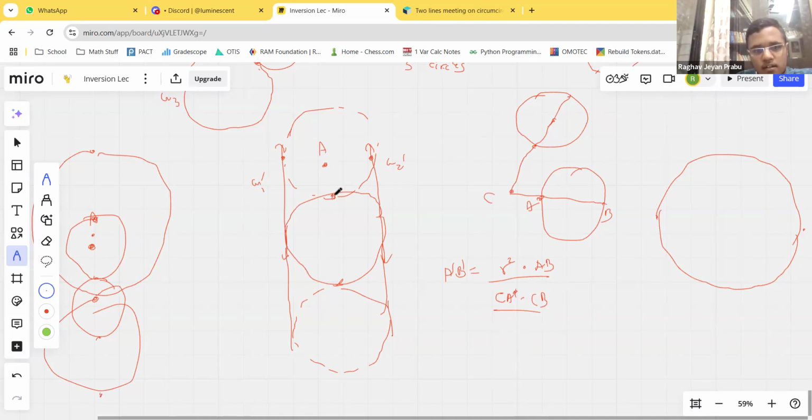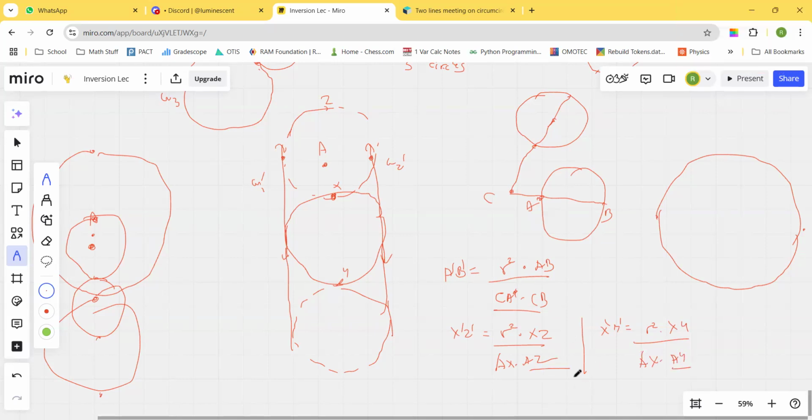If these two points were X and Y, and this is X and Z, then X dash Z dash would be R square times XZ by AX times AZ, whereas in this case X dash Y dash would be R square times XY by AX times AY. See, the distances are not the same because these two distances are not the same.